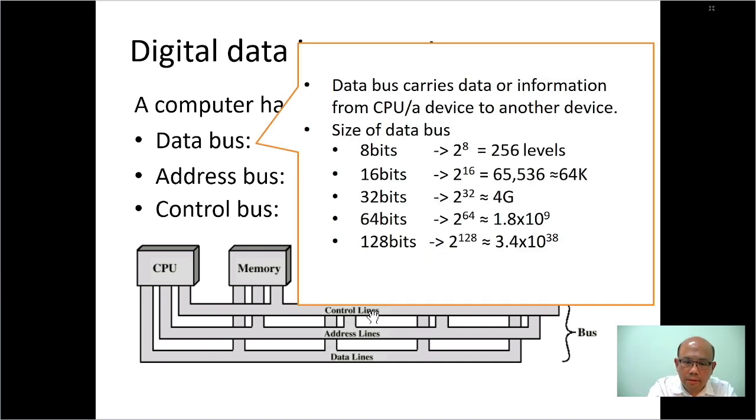For the data bus, an 8-bit computer system has 8 lines. It has 256 levels. For computers today, we use 64 bits. 64 bits has about 1.8 multiplied by 10 to the power of 19 levels.